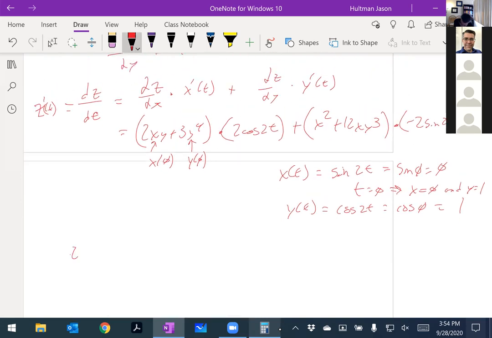So z prime of 0 is equal to, well, this thing is going to go to 0, but I'll just plug it in: 2 times 0 times 1 plus 3 times 1 to the fourth, times 2 times cosine of 2 times 0, plus, now this whole thing over here is going to go to 0. If I take the sine of 0, that goes to 0, which wipes everything else.